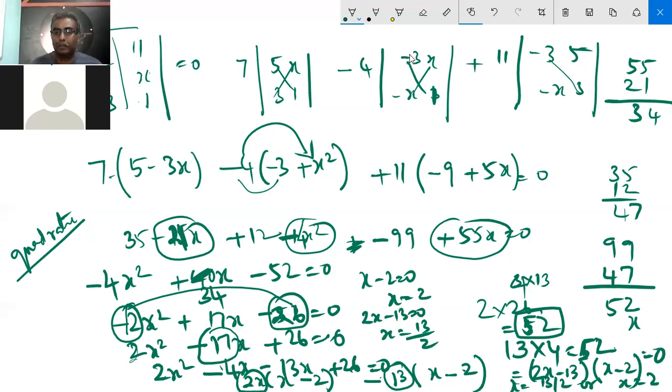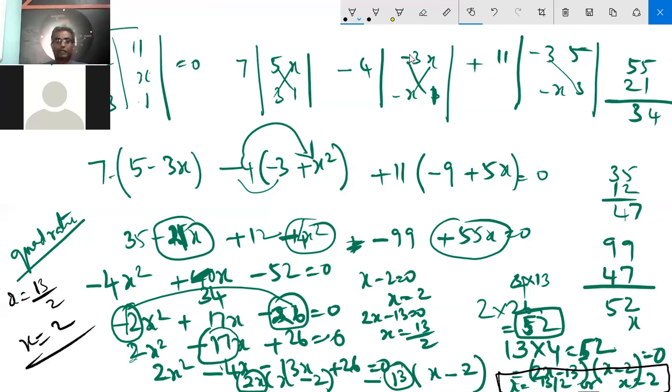So x is equal to 13 by 2 or x equal to 2. That is the answer. You are able to get the steps, especially solving quadratic equations.